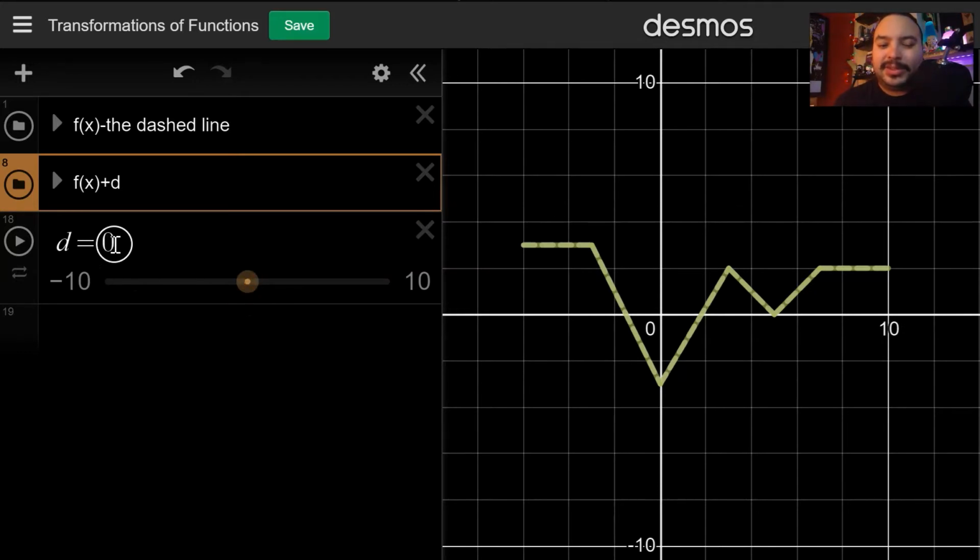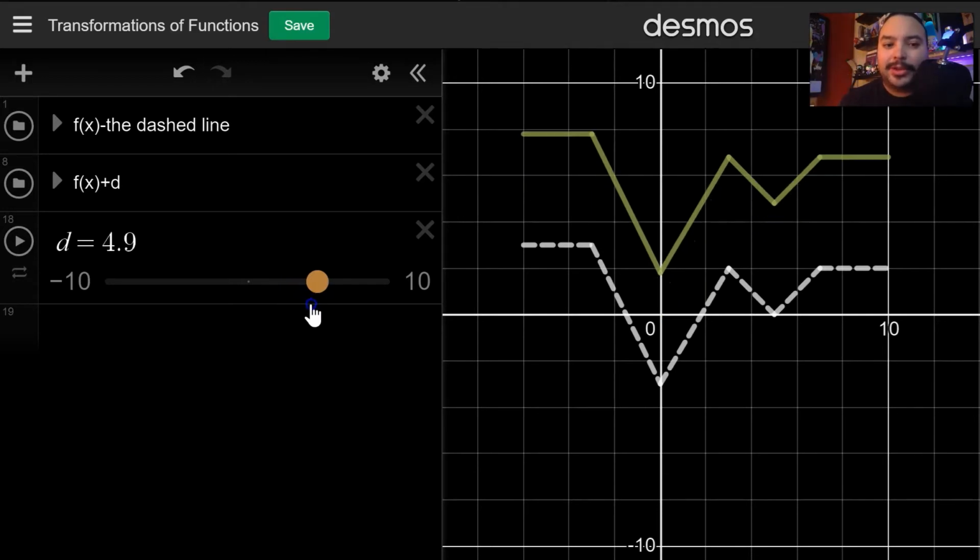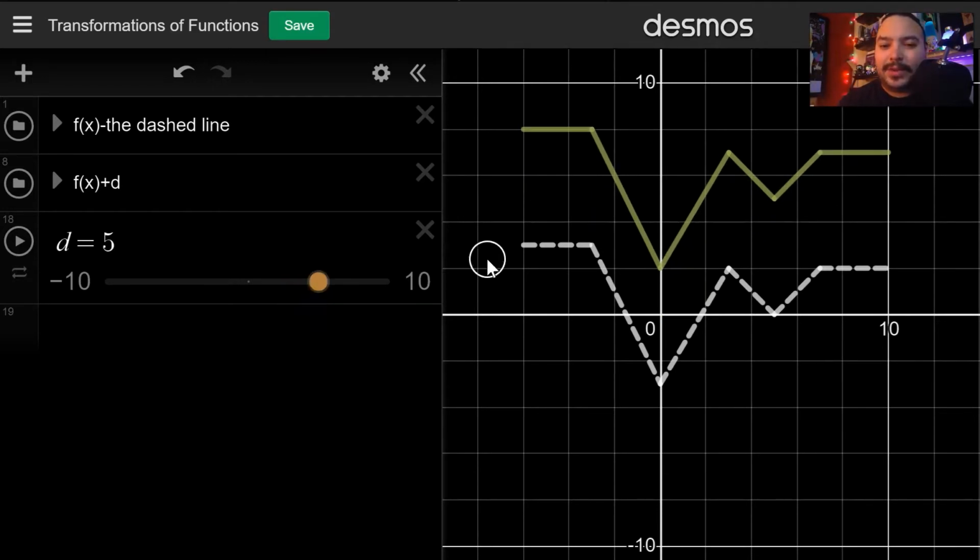So right now d is equal to 0, and if d is equal to 0, obviously there's no change. That's what 0 means, right? But if we increase it, let's make d increase to about 2.8 here. Well, as you guys saw, the graph moved up by 2.8 units. If we increase it further to, let's say, 5 units, now you guys can see that every point on our highlighter graph here is 5 units above each point on our original f of x graph.